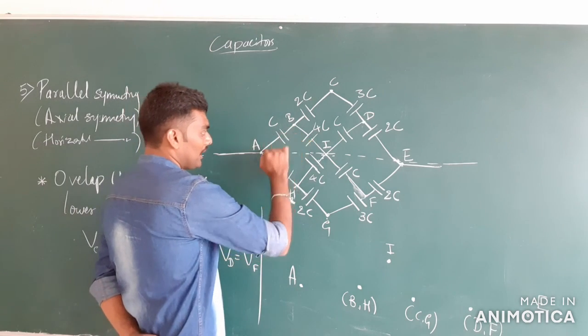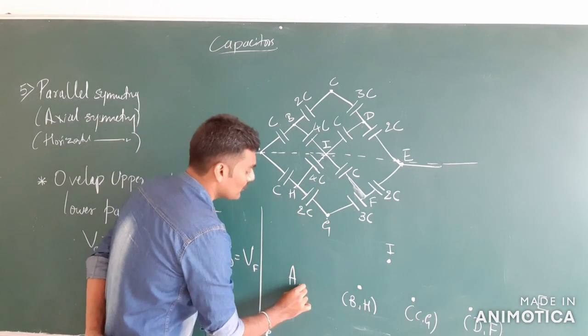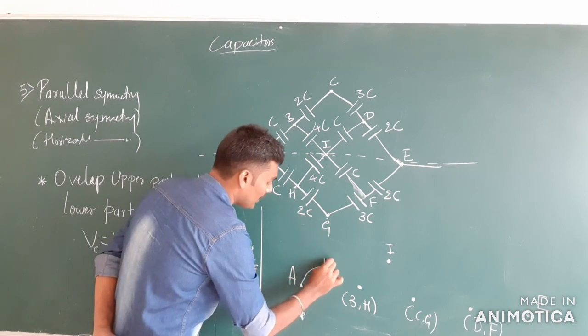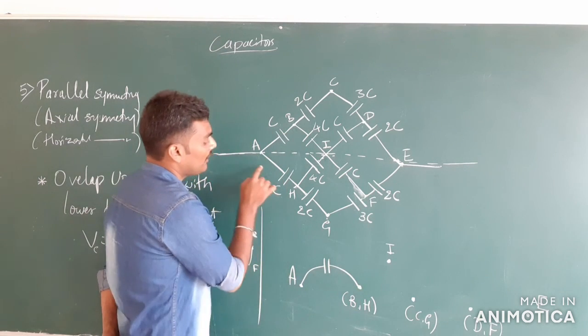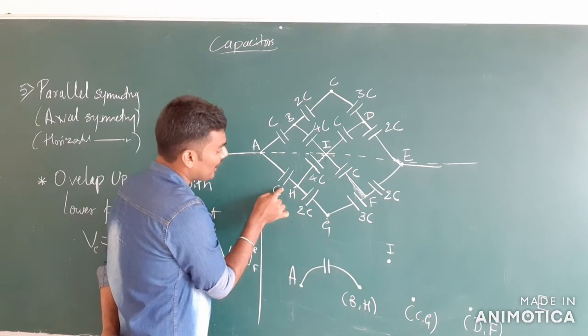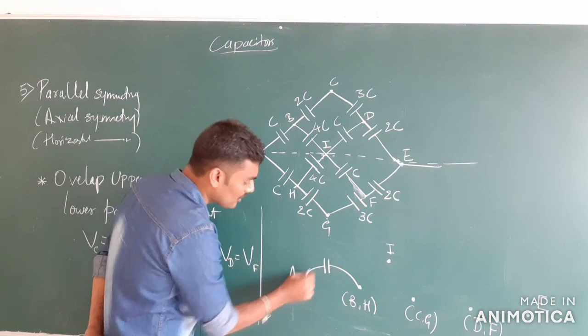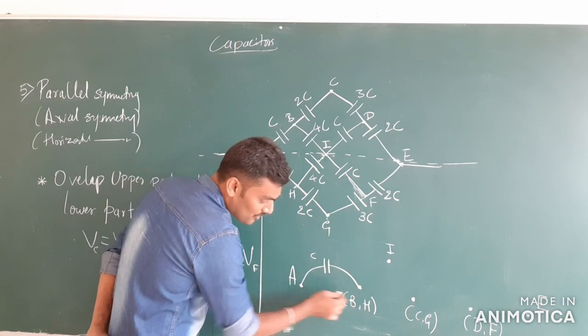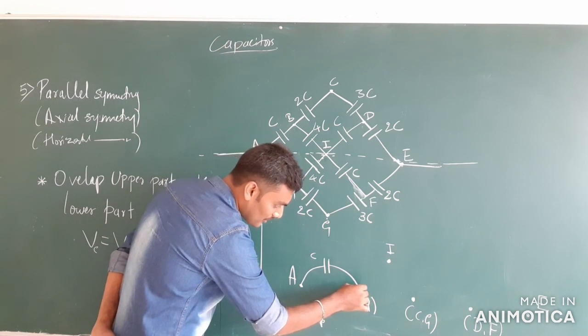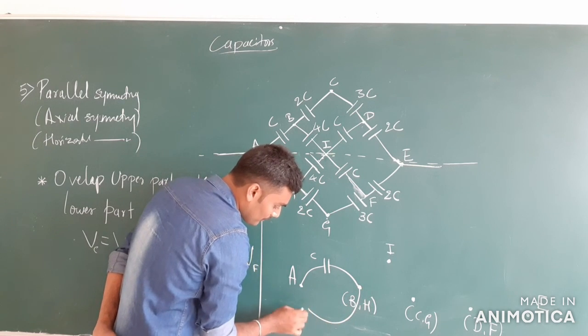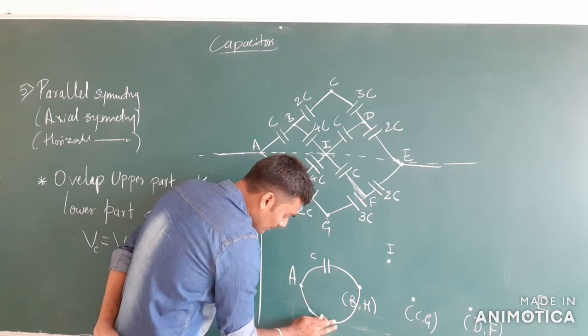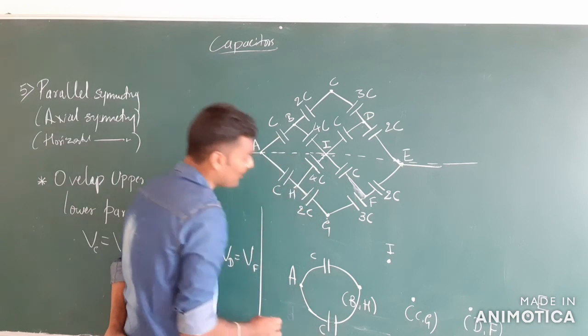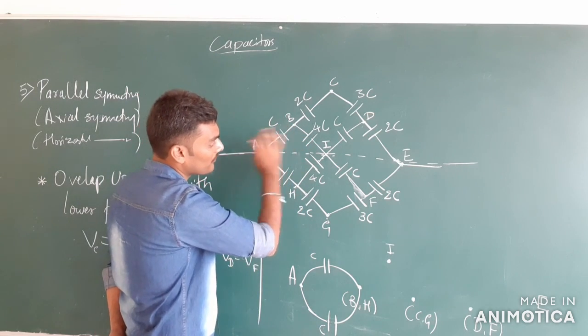From A to B, I have one capacitor of capacitance C. And from A to H, I have another capacitor of capacitance C, which is the same point, right? So from A to H, I have one more capacitor of capacitance C. This part is done.